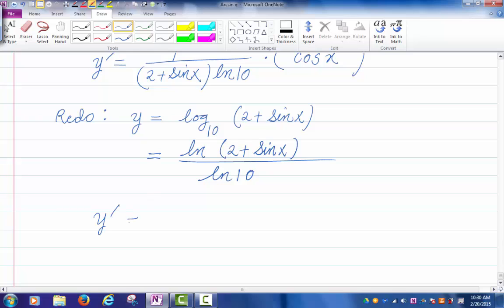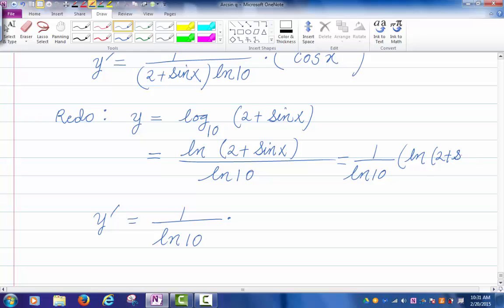The derivative would be 1 over ln of 10. I'm going to keep that because it's a constant. And I need to take the derivative of ln. So again, let me write it down here. This is the same as 1 over ln of 10 times ln of 2 plus sine x.